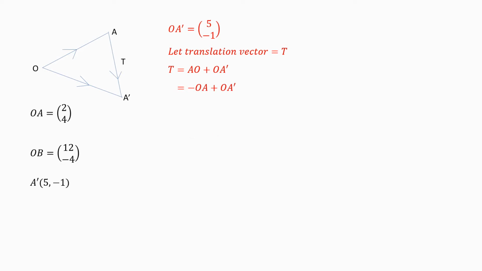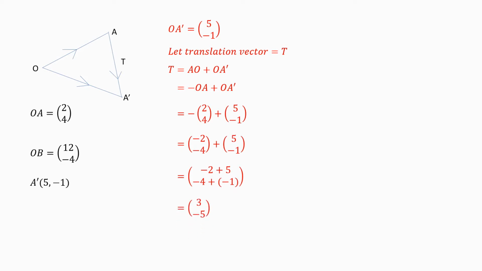We substitute: negative (2, 4) plus (5, negative 1). We open the brackets: (negative 2, negative 4) plus (5, negative 1), which is equal to (negative 2 plus 5, negative 4 plus negative 1). This is equal to (3, negative 5). So T, our translation vector, is (3, negative 5).